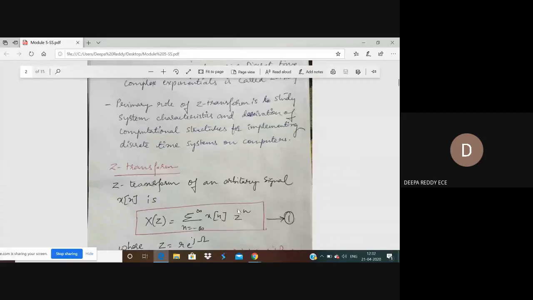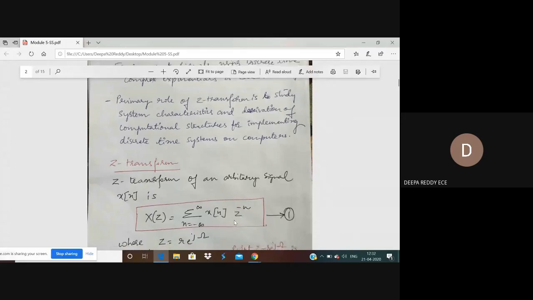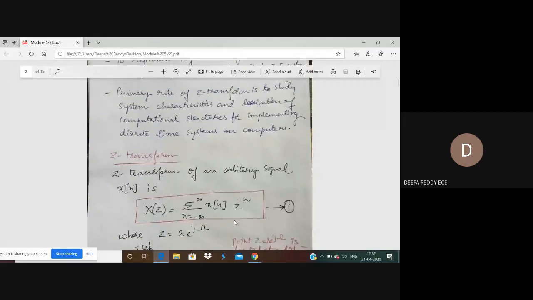It is nothing but a discrete time complex exponential. Just a couple of minutes back I told you it's a complex exponential. We can write z equal to r e to the power of j omega. What is this e to the power of j omega? It is a complex exponential.